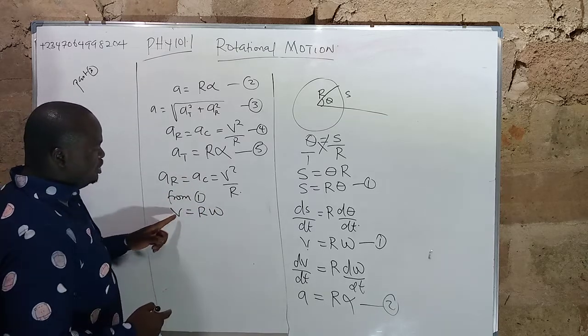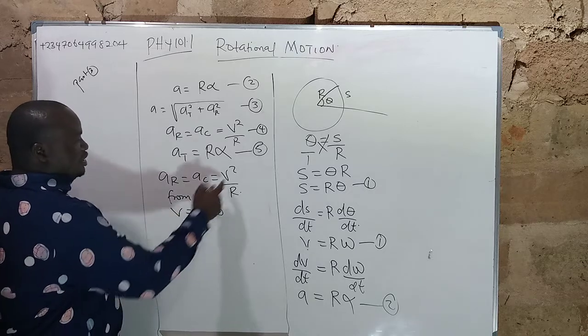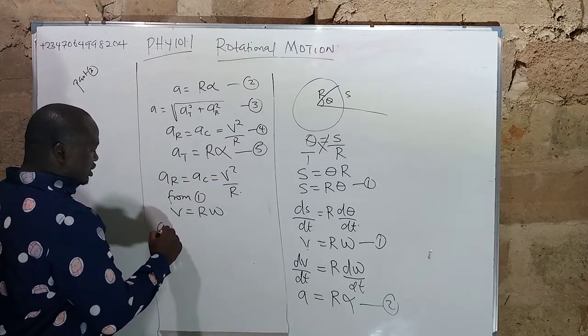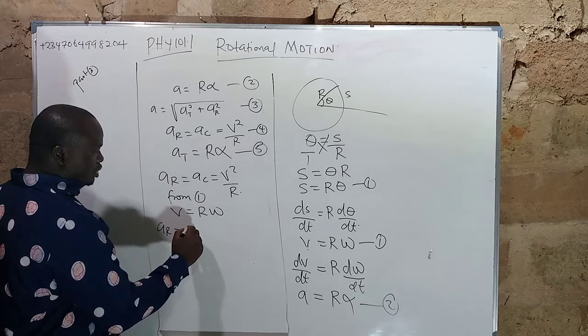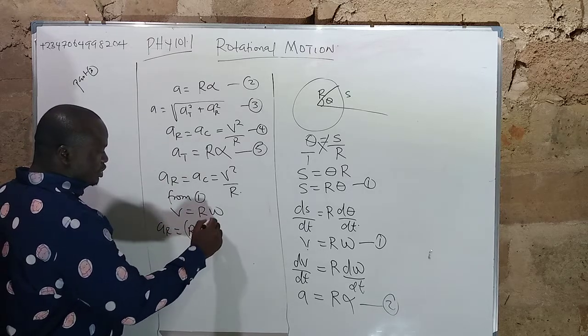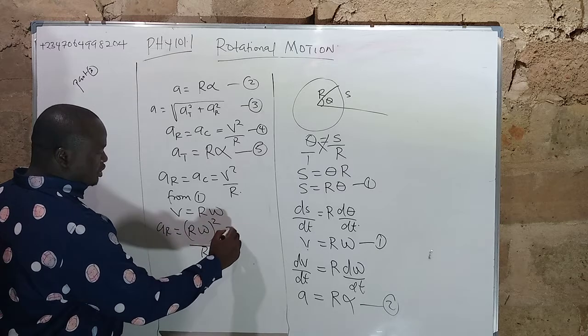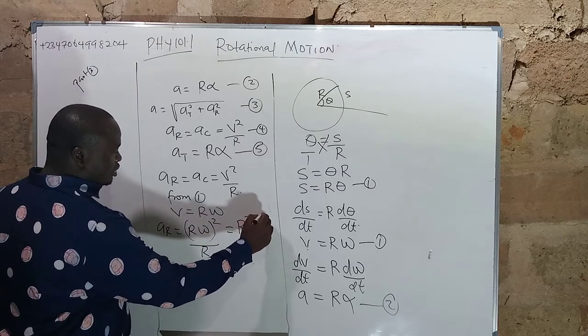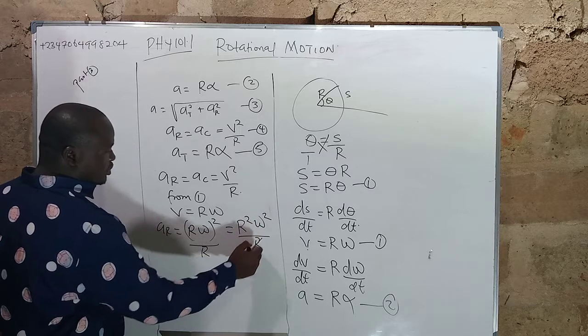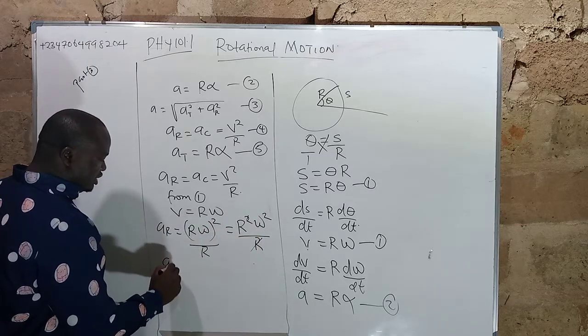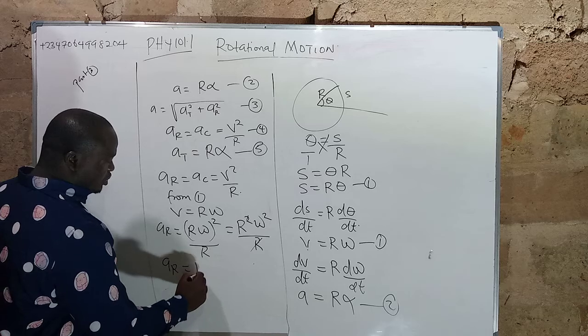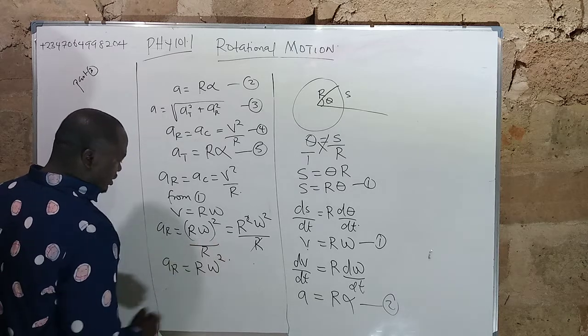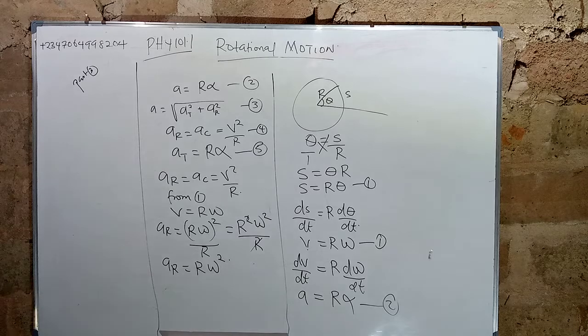So wherever I see v here, I will replace it with this. So radial acceleration is now equal to r squared omega squared all over r, so 1 r will go into this. So radial acceleration is equal to r omega squared. That's the formula for calculating radial acceleration. r omega squared or v squared all over r, they are still the same thing.